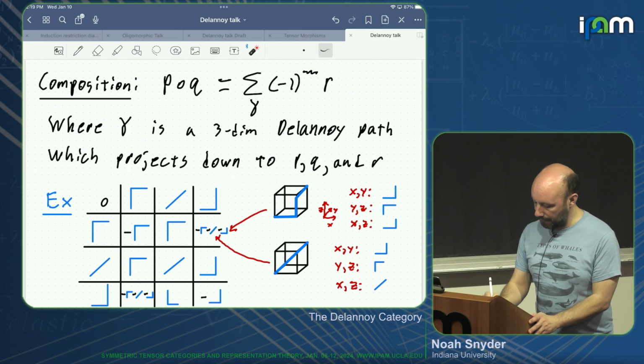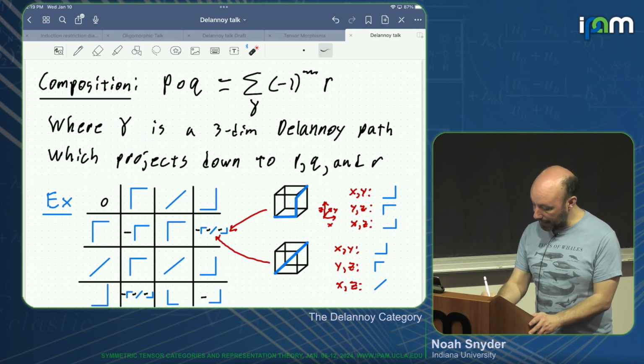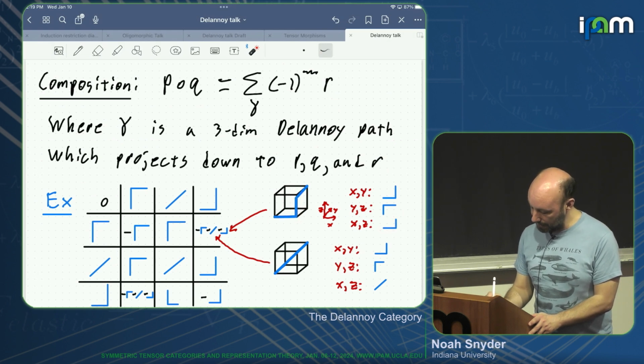Okay? So if I took a path like this, I can project on the xy direction and I will get this. I can project onto the yz direction and I will get that. And I can project onto the xz direction, that gives me this. This is the xy direction, that gives me that one.